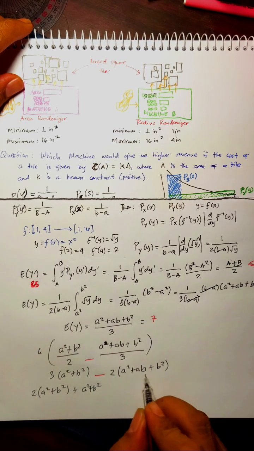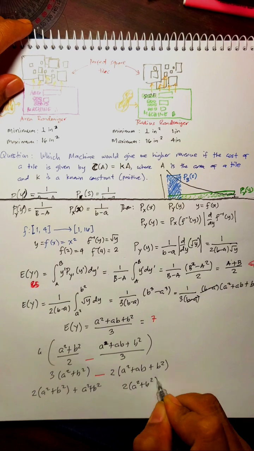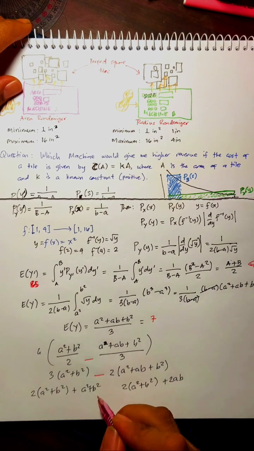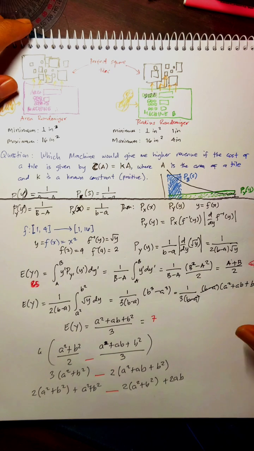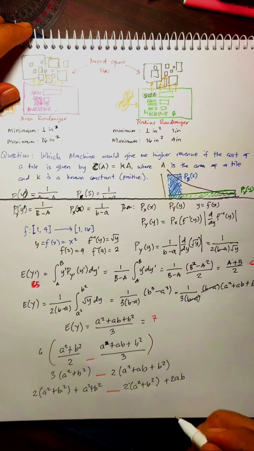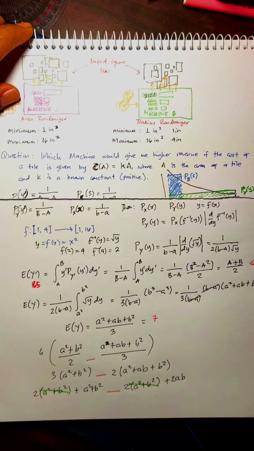And this one, we can separate as 2 times (A squared plus B squared) plus 2AB. Now, clearly, this one will cancel.